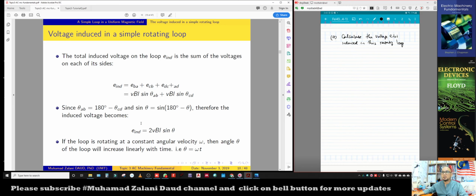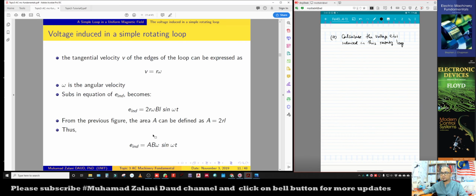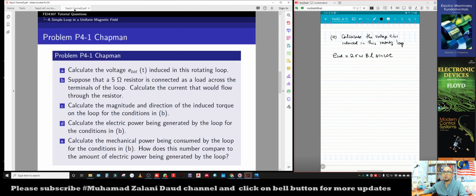In this slide of the lecture notes, we know that the induced voltage is 2R omega BL sine omega T. So induced voltage will be 2R omega BL sine omega T. We can use the values that have been given, so we can just substitute all of them.